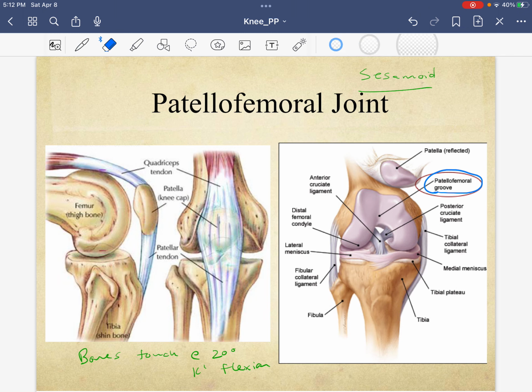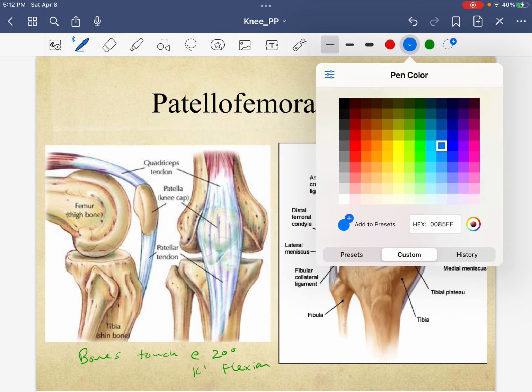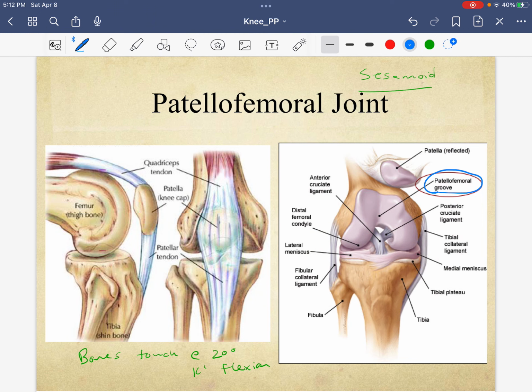We can see that convex surface over here, right? The underside of the patella bows out, and it fits into this groove that's concave. It's a depression.